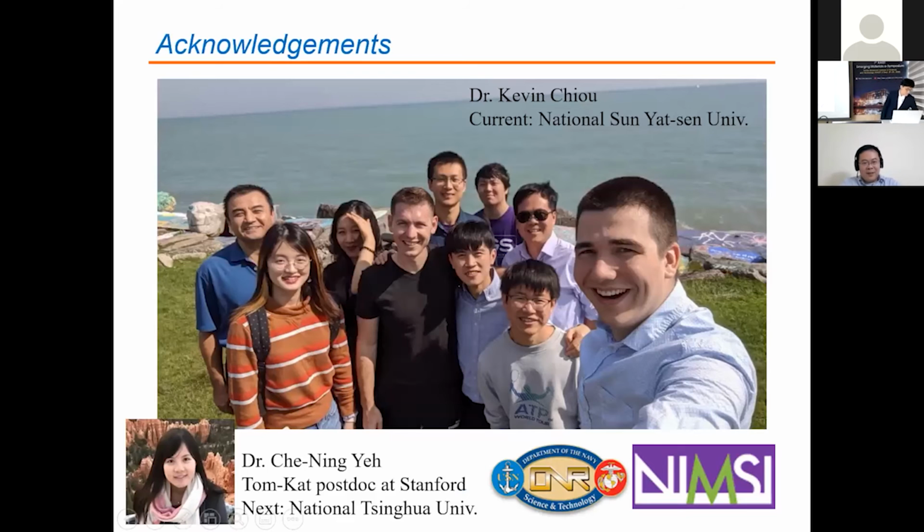Okay, so I should stop right here. The first graphene oxide part was led by a former graduate student, Dr. Zhening Ye. She is finishing up a postdoc at Stanford and is on her way to National Tsinghua University in Taiwan to be an assistant professor. And Haiyu has been instrumental, following her and assisting her in that work. Then the nanotube work was led by a former student, Kevin Cho, who just graduated a few months ago.